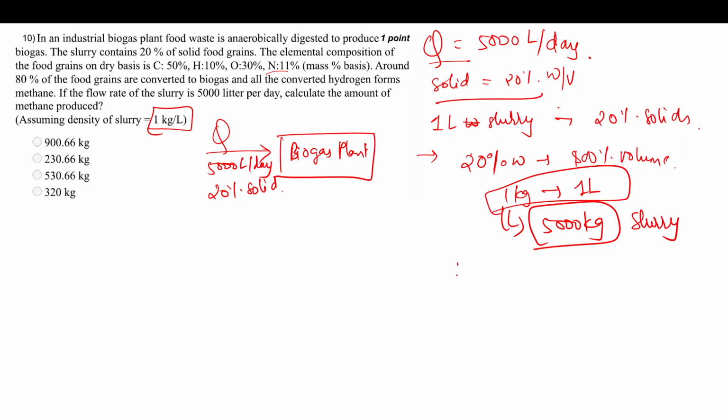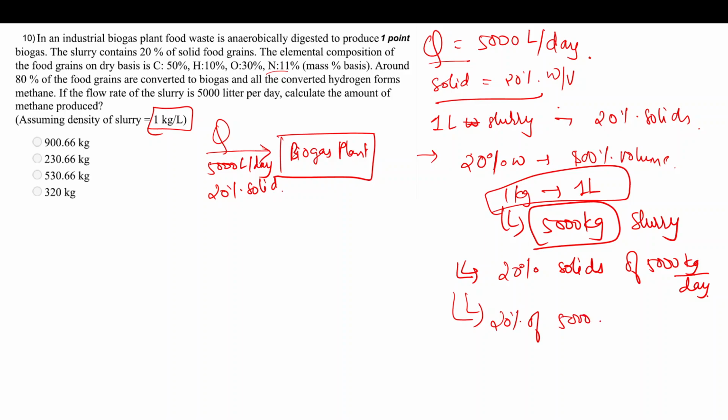And out of that, you can say 20% is solid. Yeah, so it is a rate, so 5,000 kg per day. So now this will turn out to be, what will be the amount of kg that is there in 5,000 kg per day slurry? So that is 20% of 5,000. Calculate this.